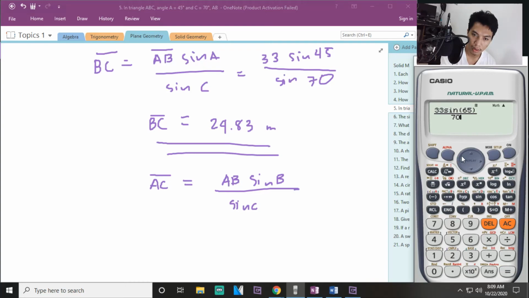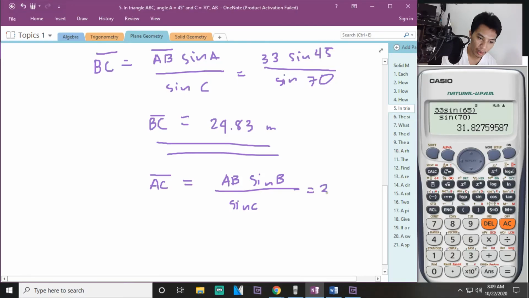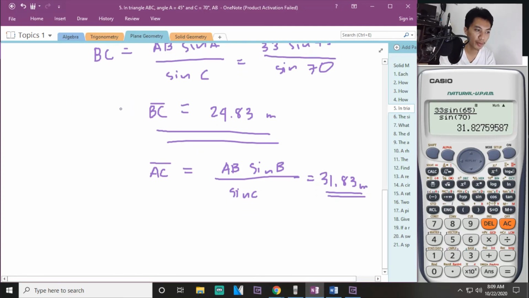Yan, sin 70. Ayan. So, 31.83 meters. Okay. So, you have the values for the sides.